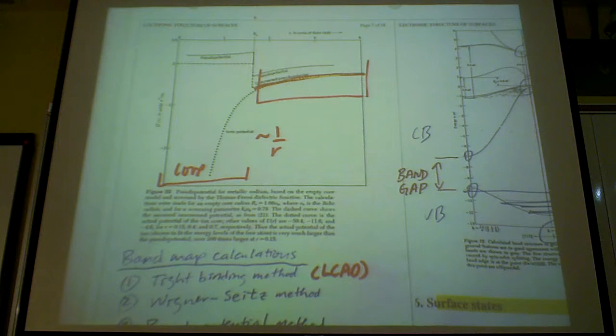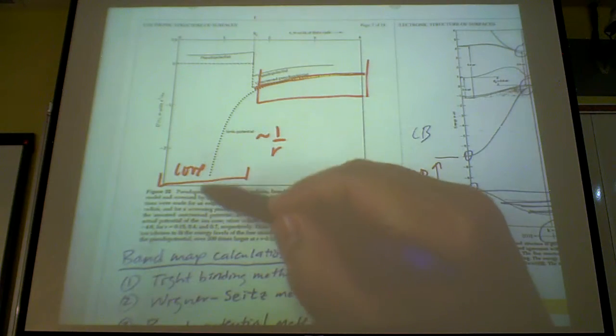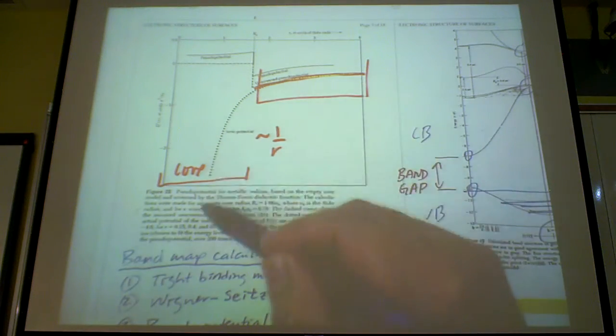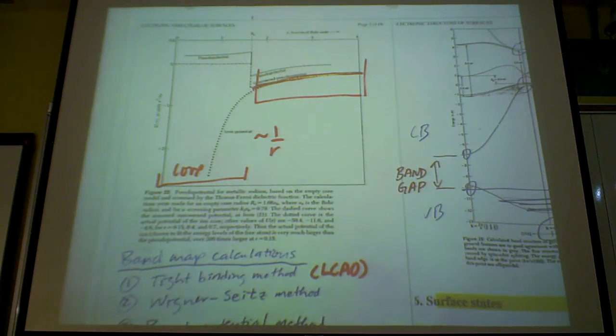And of course, everybody knows the electrostatic force. The potential is 1 over R. So like this, right? And most people are not so interested in deep core electronic states.